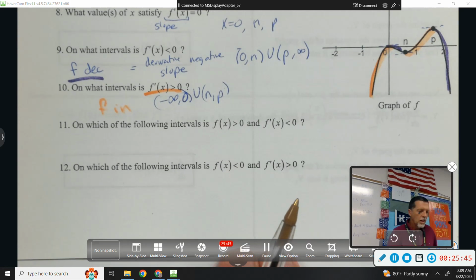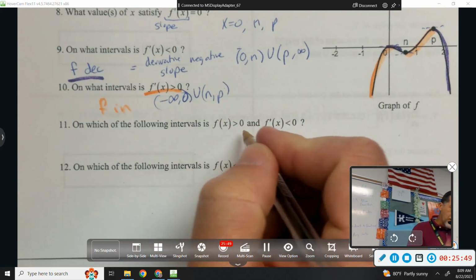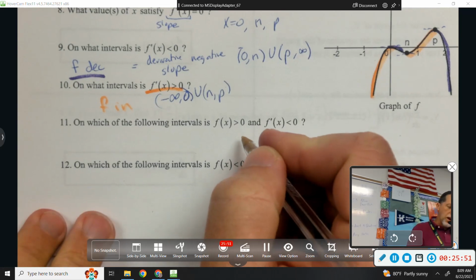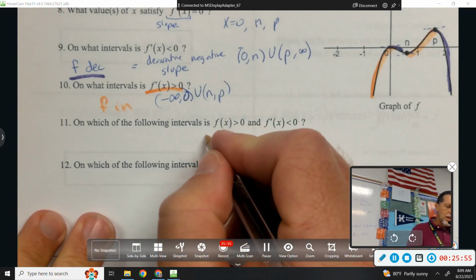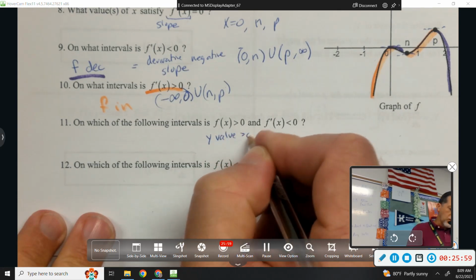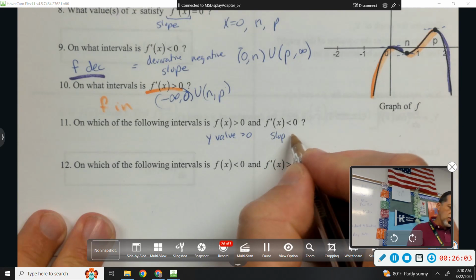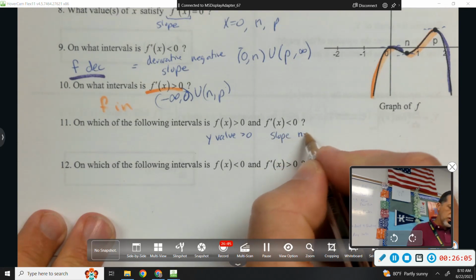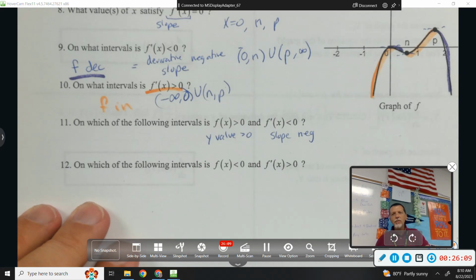Okay, number 11. On which interval is f greater than 0? No, not f prime. F greater than 0. What does that mean? Good. So the y value is greater than 0. And f prime, so the slope, is negative. So I want my y value to be greater than 0, but my slope to be negative.